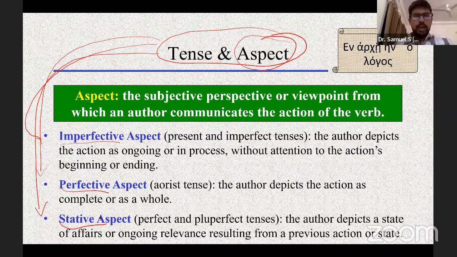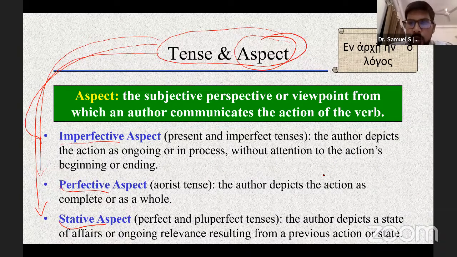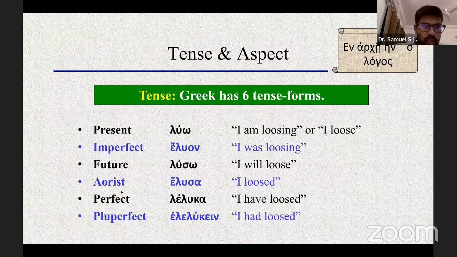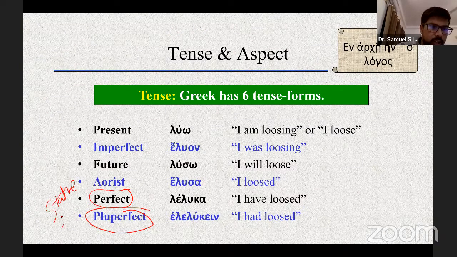Yeah. So in English, we don't really communicate that. Let's go back here. See, this is the perfect. These two tense forms are communicating the stative aspect.